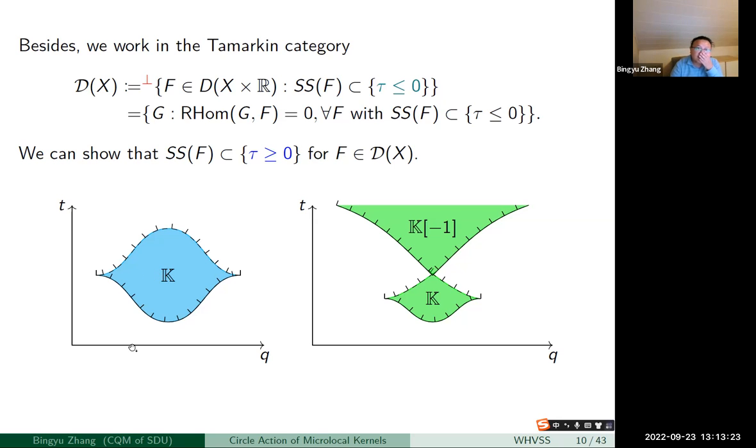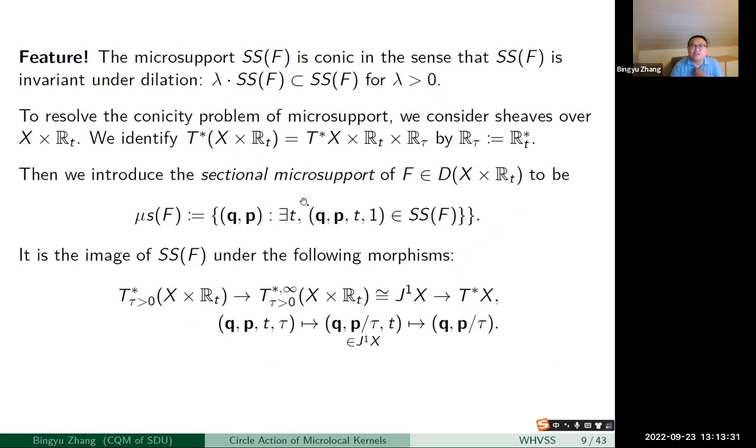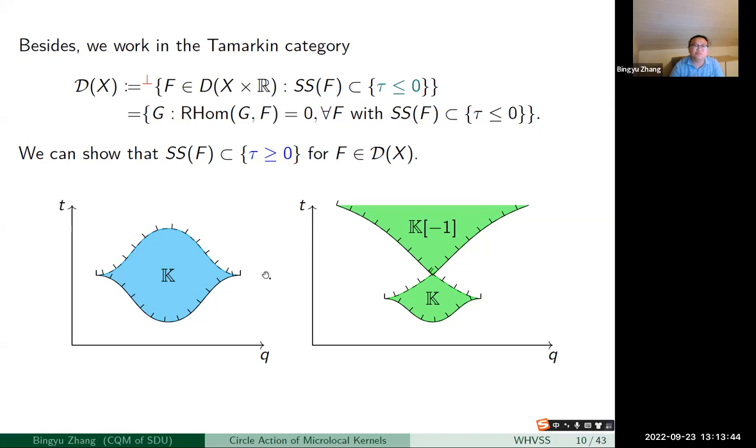For some technical reasons, we hope to obtain some sheaf with non-negative microsupport. The first reason is that to define the singular microsupport, we consider the positive tau invariant. The second reason is that we hope the sheaf propagates along a given direction.